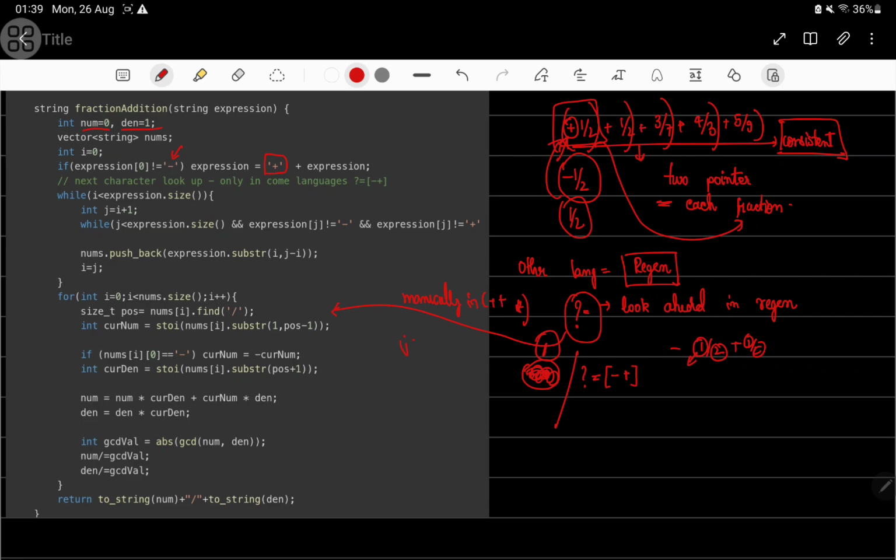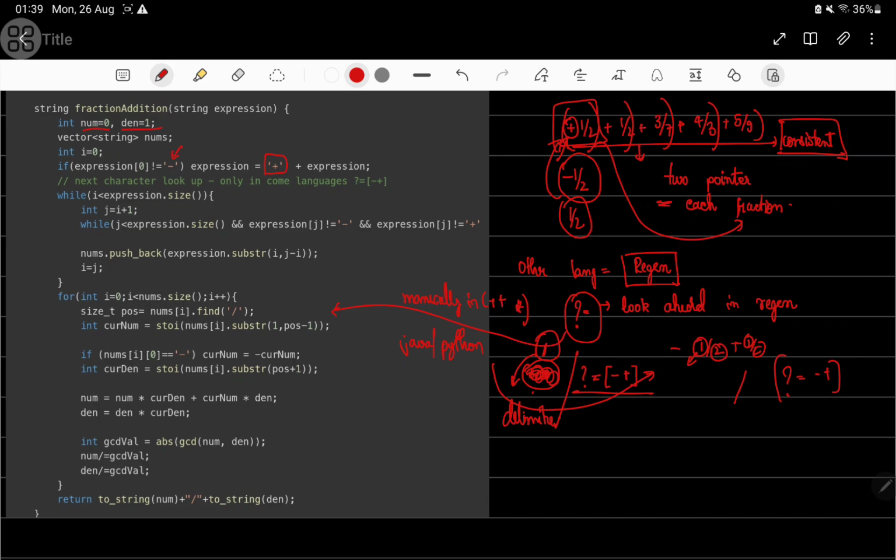But in Java or Python, we have these regex checks wherein a lookahead part is also present, as well as this check, delimiter 1. So we just delimit it first based on this, or else if the next element is minus or plus, we just break it also.